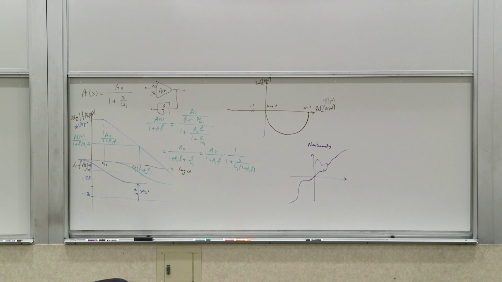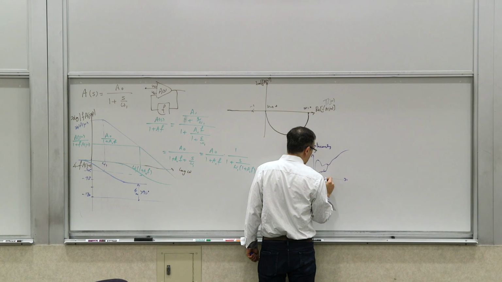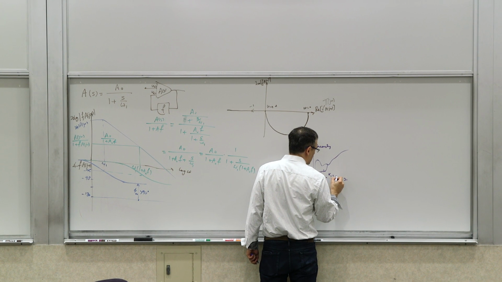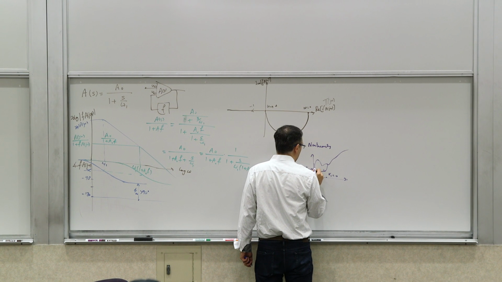So if it remains in first and third quadrant in general, what are K1 and K2? K1 and K2 are the limiting ranges of these things, right? What is K1 in general for a nonlinearity that's in the first and third quadrant? 0, right? And what is K2? Infinity. So these are really the worst case scenarios for K1 and K2 for first and third quadrant. So K1 is 0 and K2 is infinity.